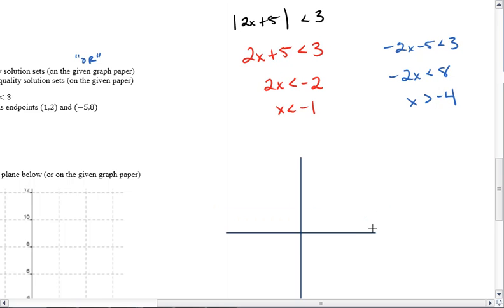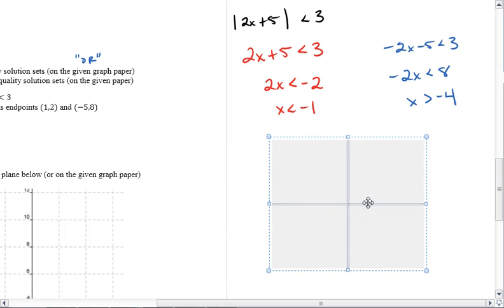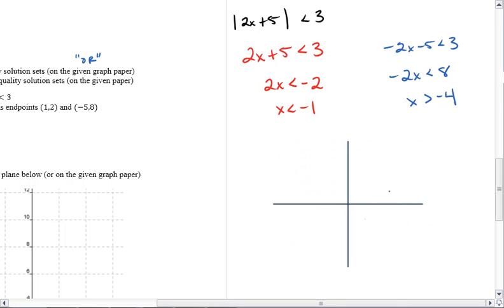I'm going to put both graphs in a Cartesian plane. Again, make sure that you number and label your axes.